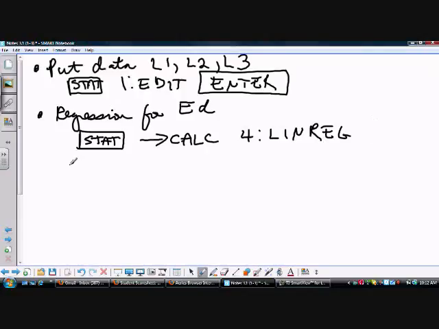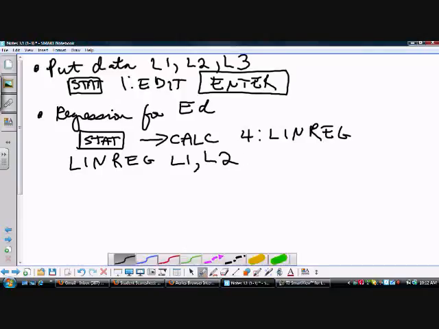And then when it got to the page where it was doing the linreg, you had to type in L1, comma L2, second 1, comma second 2. So you had to type in those two arguments, it's called.